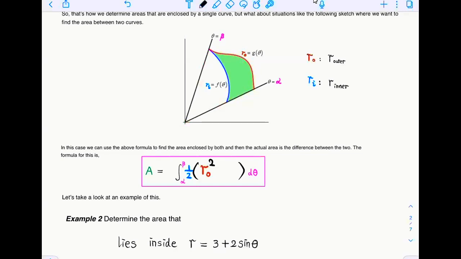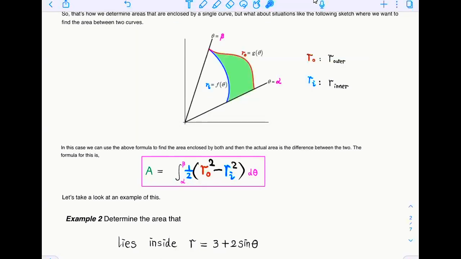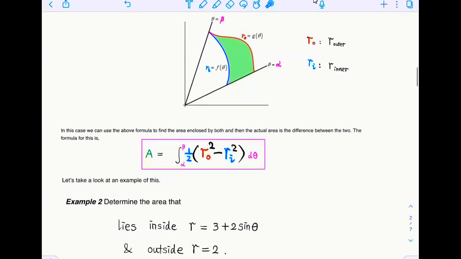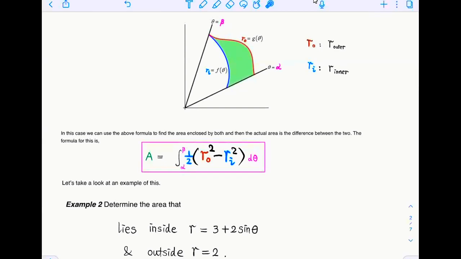But we have to subtract the area enclosed by the inner curve. So this is the formula for the area enclosed by these two curves, with theta going from alpha to beta. That's another formula that you should try to understand and remember.